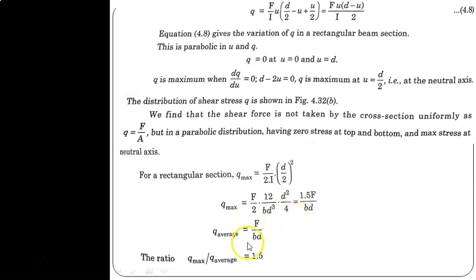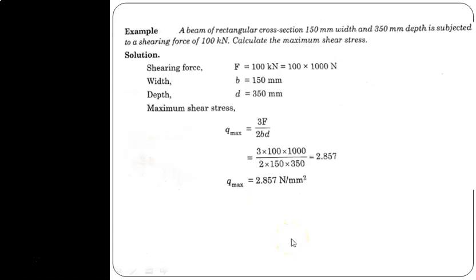Therefore q average is F by b d, that is shear force divided by the whole area of the cross section. Now q max divided by q average becomes 1.5. Like that we can find the shear stresses for different sections, that is the maximum shear stress and the ratio between maximum shear stress and average stress for circular section and triangular section. That can also be found.